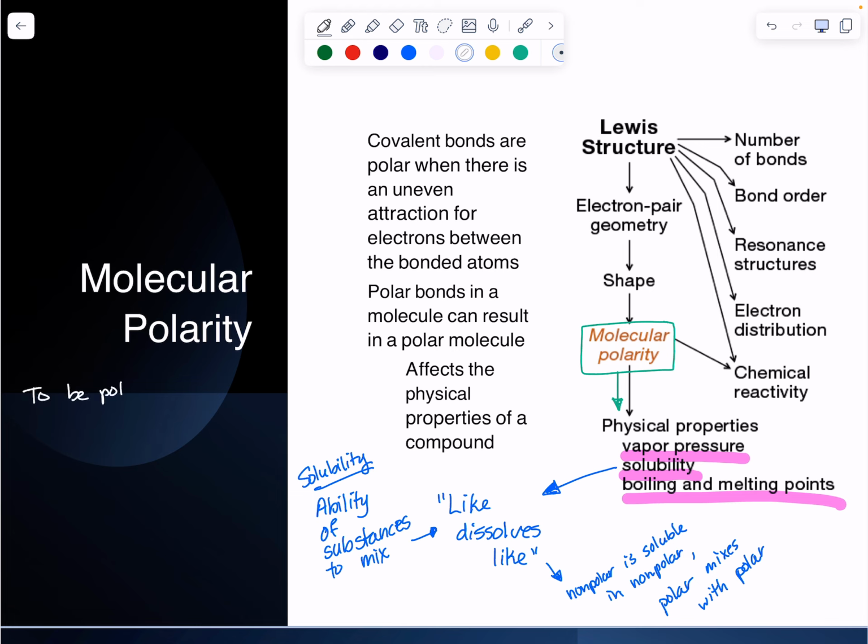So, to be polar, a molecule must, first and foremost, have polar bonds, okay? So it must contain polar bonds. And the second thing, because not all molecules that have polar bonds are polar, is that the polar bonds must be arranged so there's an uneven distribution of charge in the molecule.